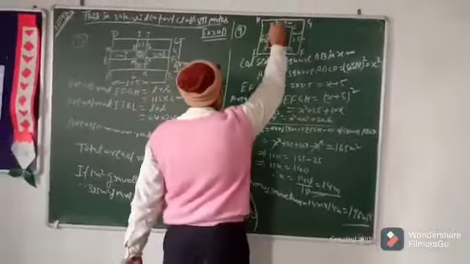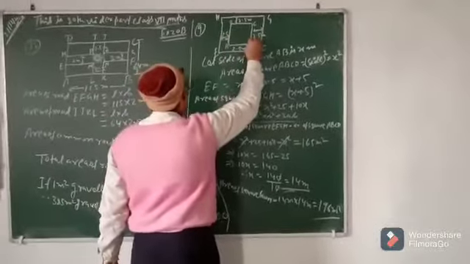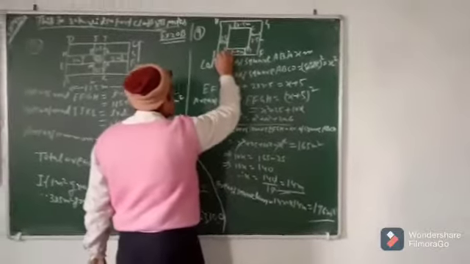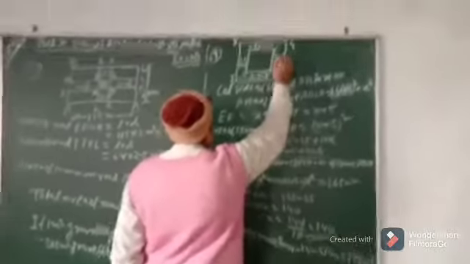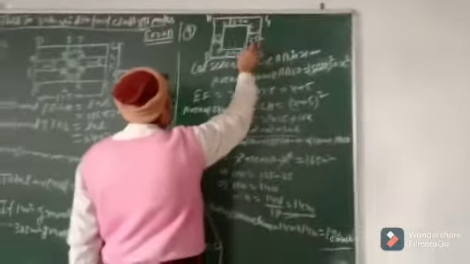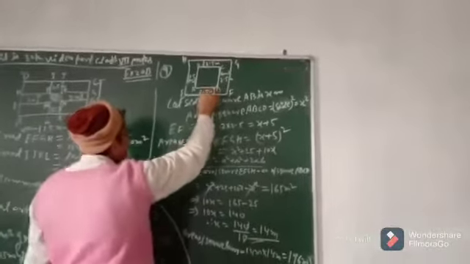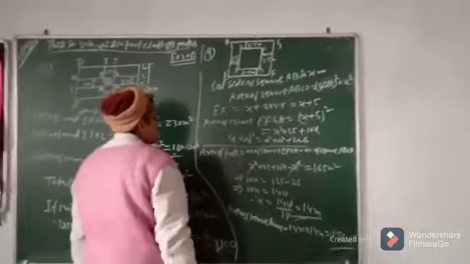Now a square lawn is surrounded by a path. So at first we draw a square ABCD and a square EFGH. This is extended 2.5 meter this side, 2.5 meter this side, 2.5 meter this side, 2.5 meter this side.